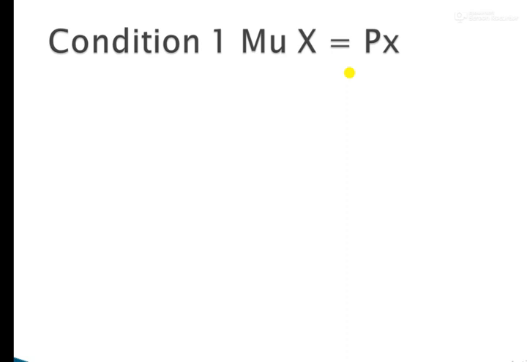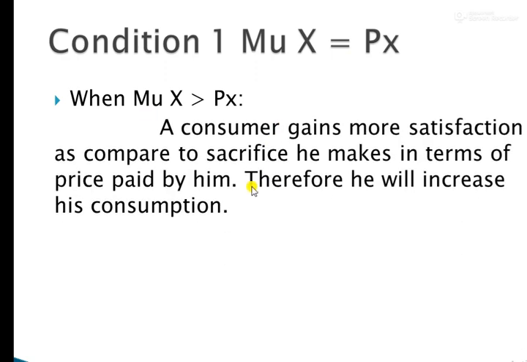Condition number 1: marginal utility from the commodity should be equal to its price. What happens if this is not the same? If the marginal utility derived from the commodity is more than the price, it means the consumer is getting more satisfaction than the price he is paying.